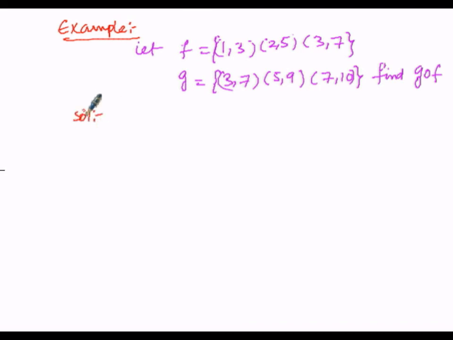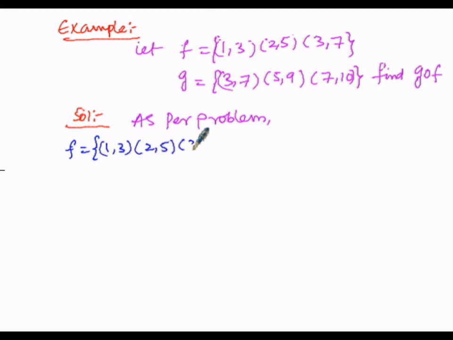In our solution, as per the problem, the first function f is the set consisting of the ordered pairs (1,3), (2,5) and (3,7). Then the second set, g, is the set consisting of (3,7), (5,9) and (7,10). So we have to find g of f.